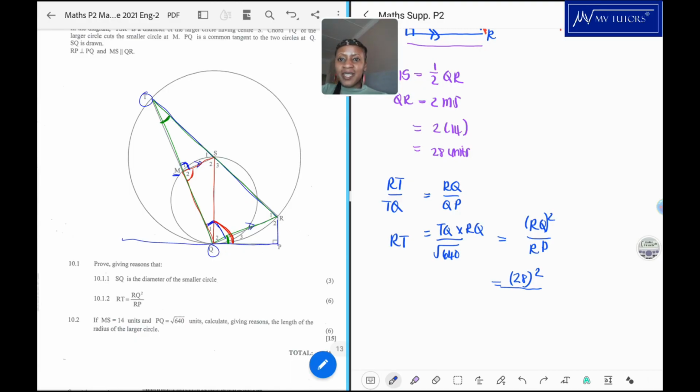Oh guys, I thought we were done. We are not. So how do I relate this? I have RQ squared over RP. How can I make PQ relatable to RP? I don't have TQ. I've already used up MS. Let me think about it.